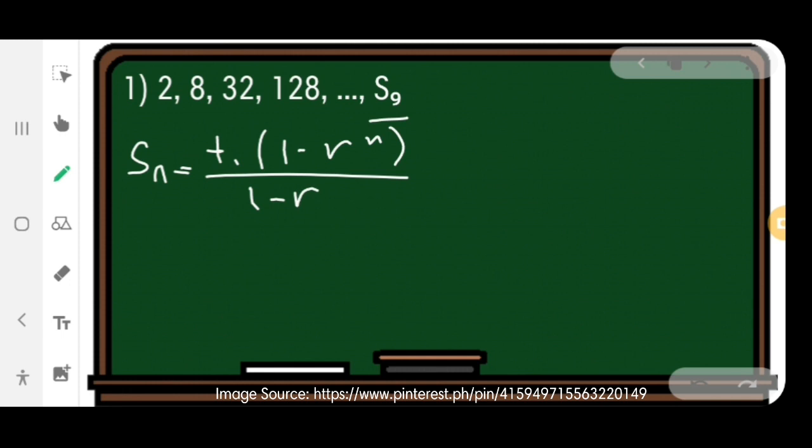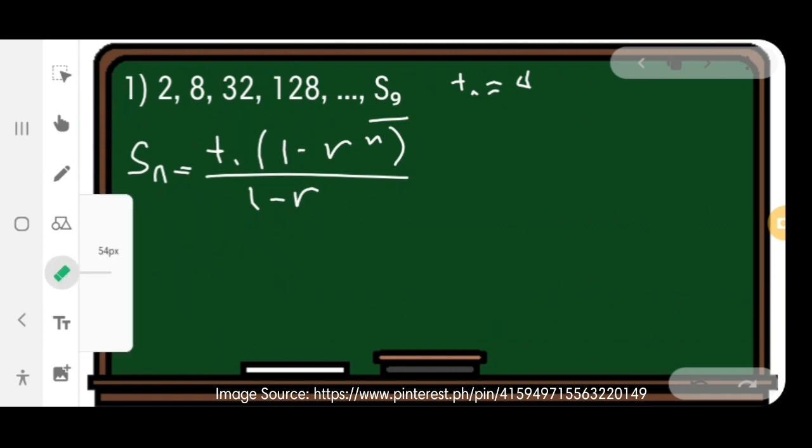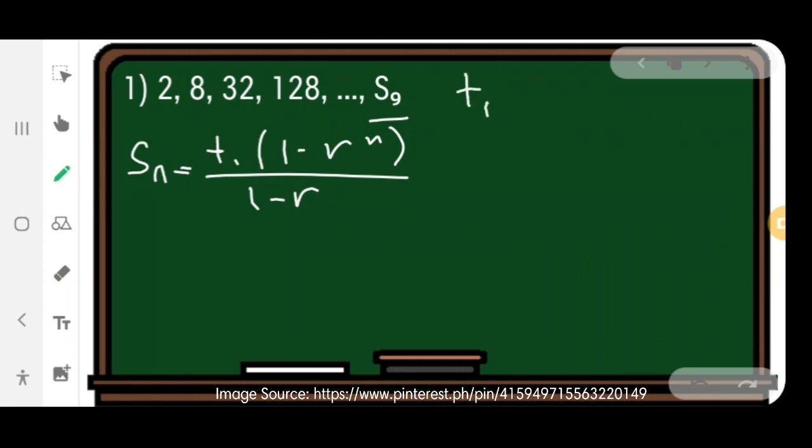Now, let us identify the needed values. So, t sub 1 is 2. The common ratio is 8 divided by 2, which is 4.